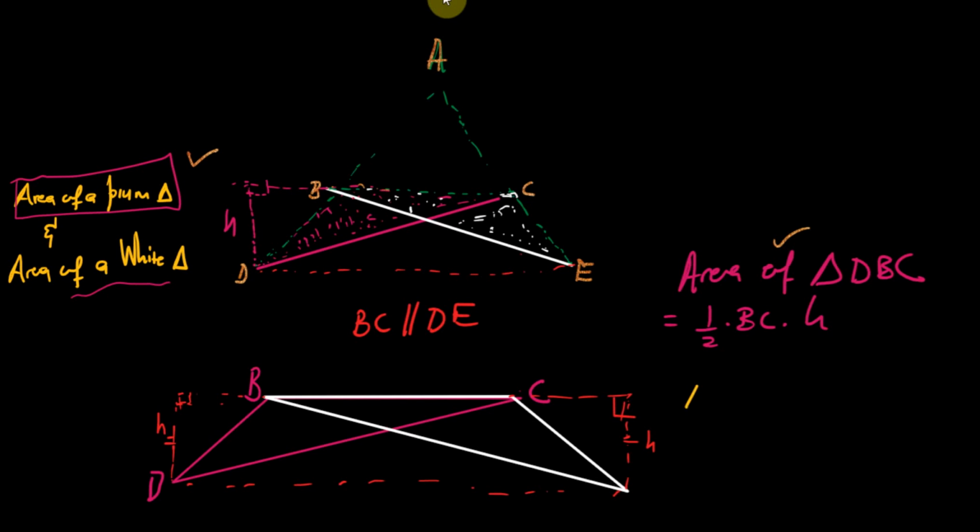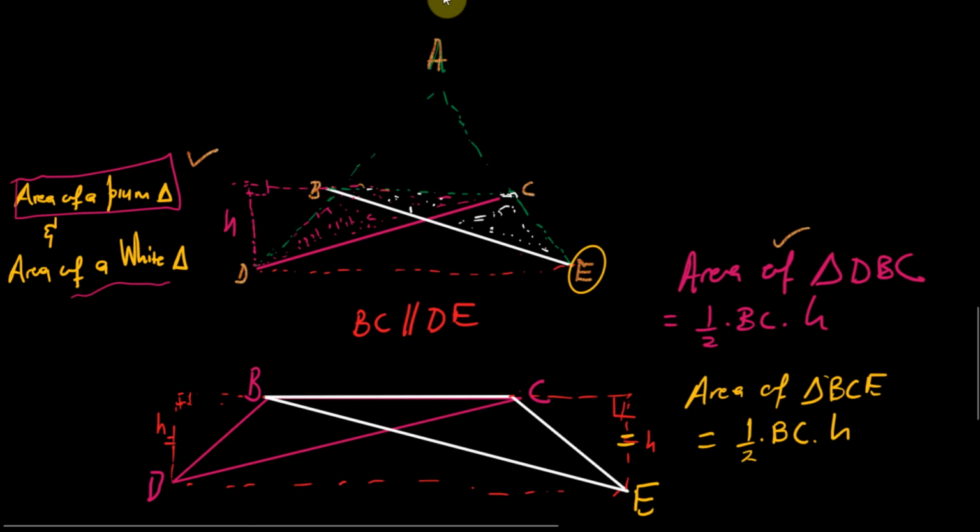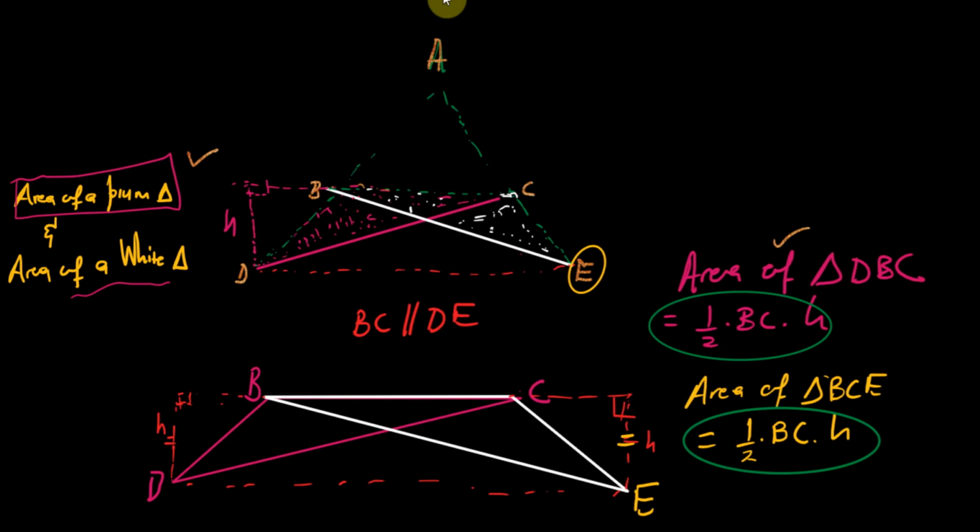So we can say that the area of triangle BCE is equal to half multiplied by your base BC, and your height h. But what you notice is that this area is actually equal to this area.